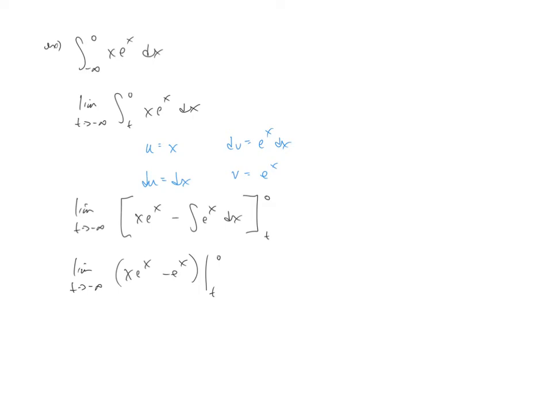Much like the last one, I'll go through this kind of slow because we want to make sure not to make any careless mistakes. I'll start with my 0 and plug it in there, there, and there. That's going to give us 0 times e to the 0 minus e to the 0, then minus the quantity, the whole thing now evaluated at t.